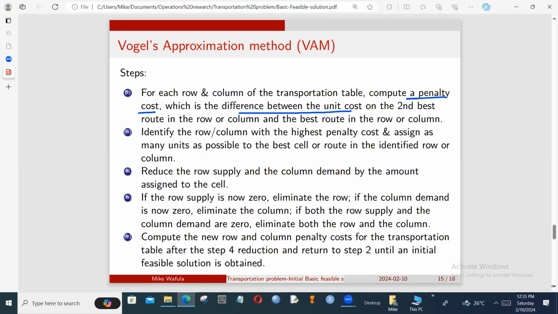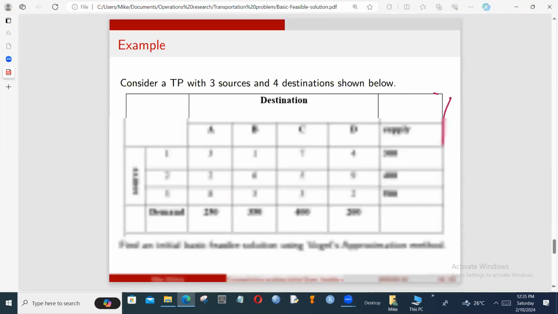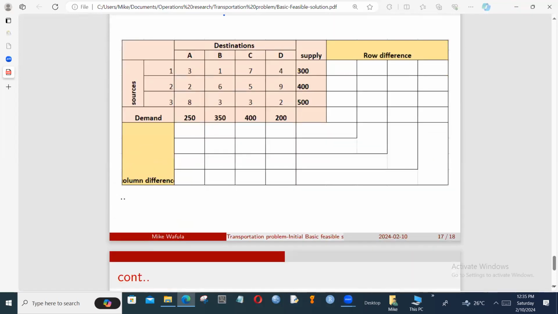Maybe we do that step first so that we are able to understand what that means. So under Vogel's approximation method, when you look at the first row, the best route is one where you spend less to transport goods from a source to a destination.